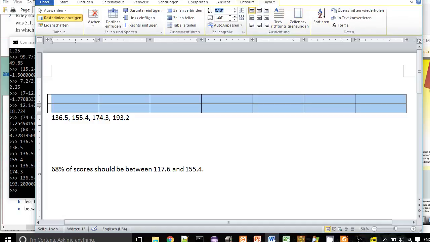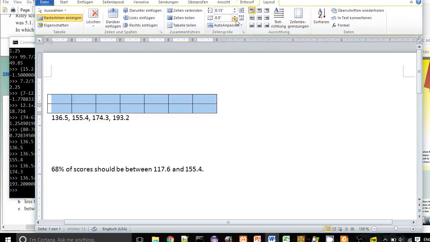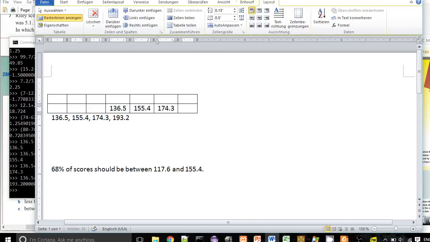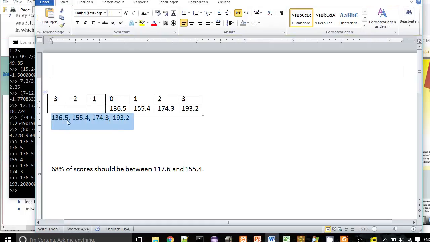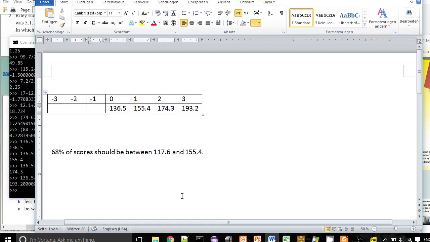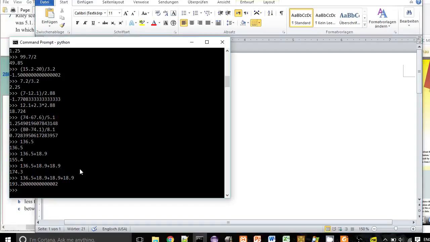Here we go. Let's change the width. Okay, that's better. So I'm going to put these here: 136.5, 155.4, 174.3, 193.2, 3. Let's start from here. -3, -2, -1, 0, 1, 2. Okay. Don't worry, we're gonna get there. And this one was 117.6.